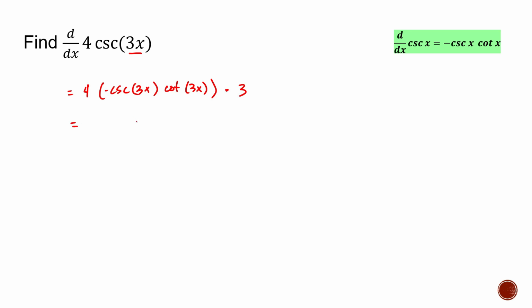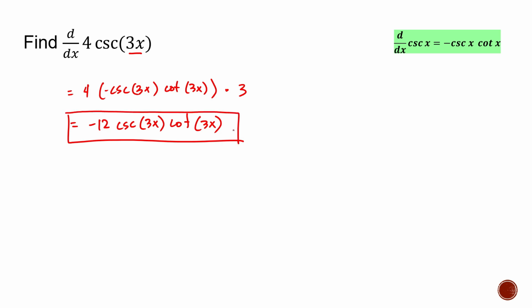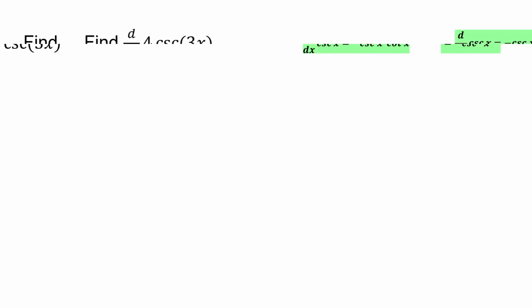So our answer is 3 times 4 is 12, and there's a negative sign, so that's negative 12 cosecant 3x cotangent 3x. There you go. Let's go now to our last example.